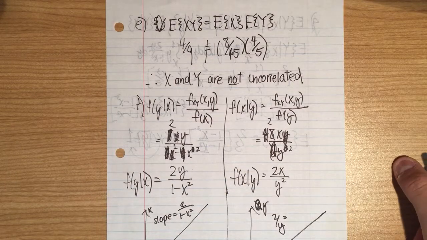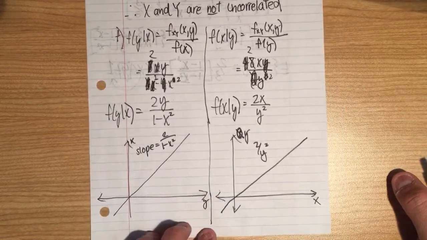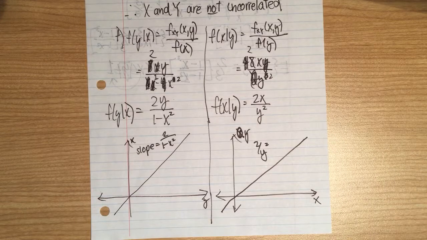Okay. Part F, which I have right here, is to find the conditional density functions f of y given x and f of x given y. Simple enough. F of y given x is f of x comma y over f of x, and f of x given y is f of x comma y over f of y.